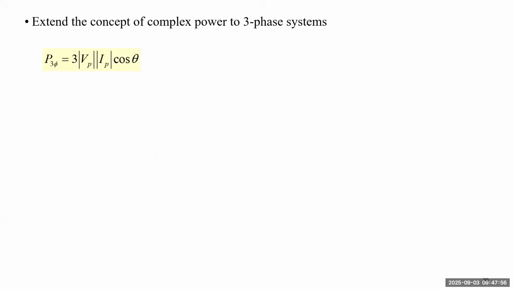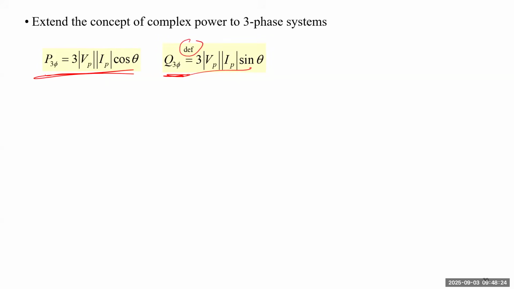Next, we want to extend the concept of complex power of single phase to 3-phase systems. We already defined the 3-phase real power, which is simply equal to the real power of each phase multiplied by 3, right? We can also define the 3-phase reactive power as 3 times the reactive power of each phase. This is just defined.